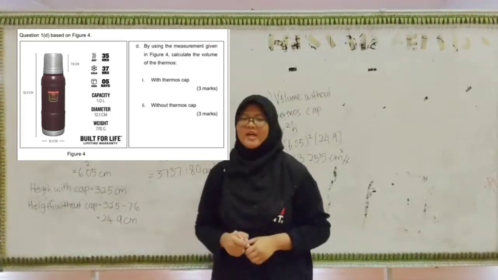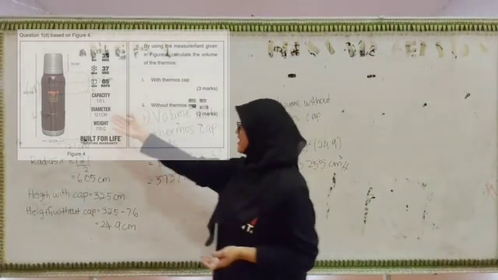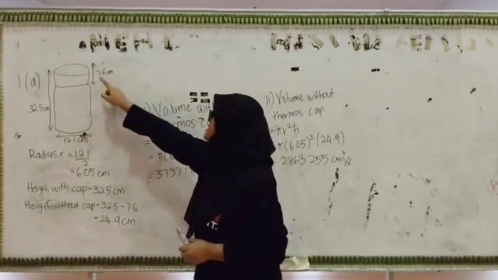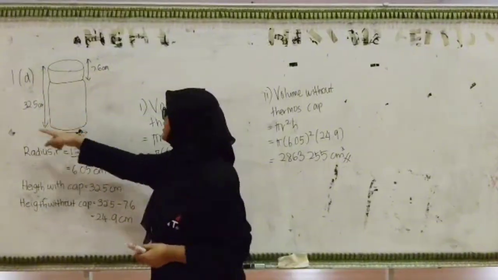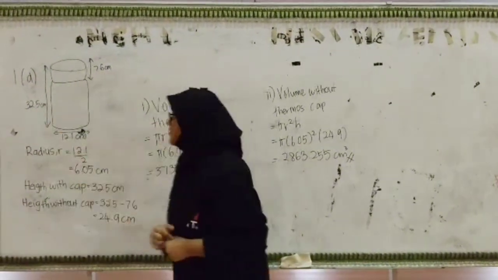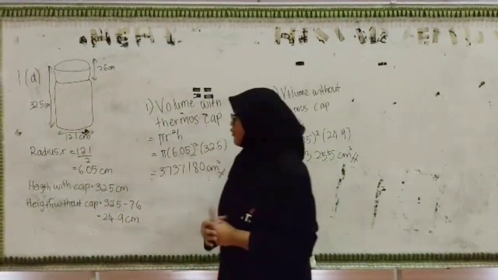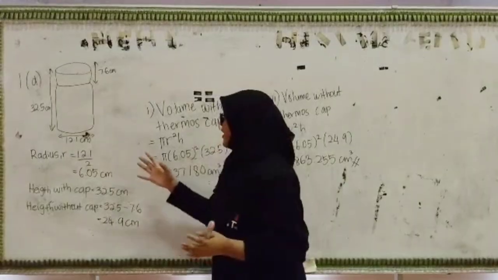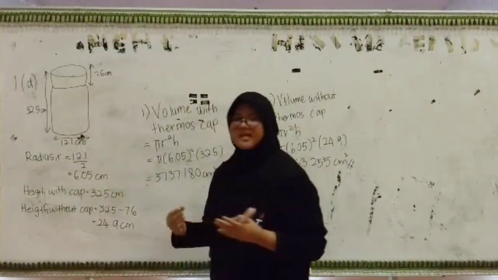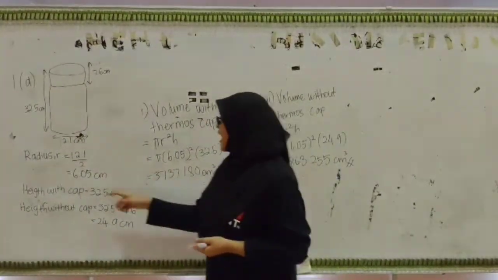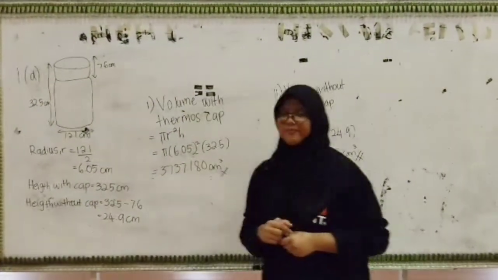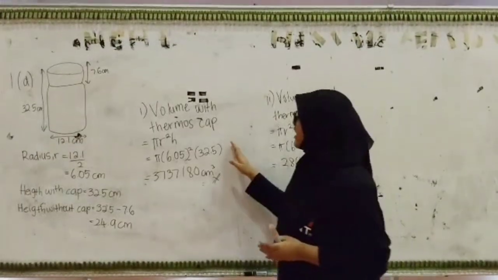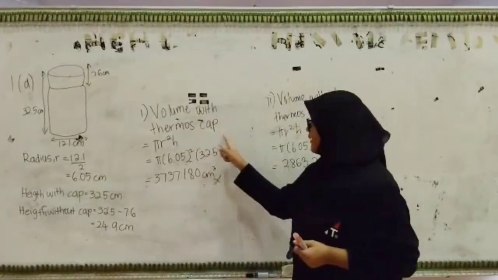For question 1D, we are given a thermos. The thermos cap is 7.6 cm and the whole thermos height is 32.5 cm. First, we need to find the radius. We are given the diameter, so we just need to divide by 2 and we get the radius, which is 6.05 cm. For the first question, they ask for the volume with the thermos cap.